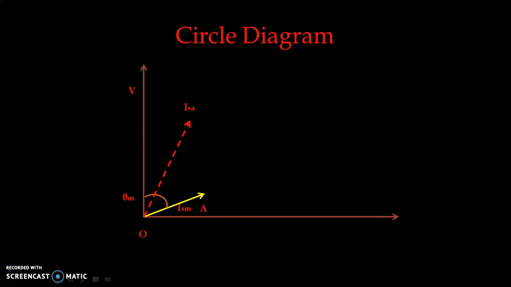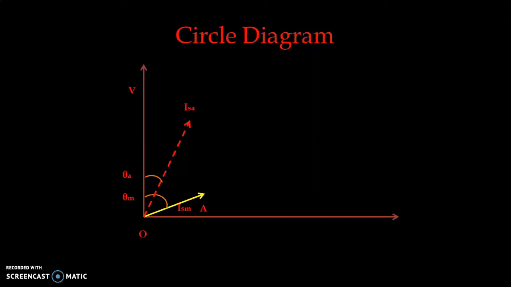So based on selection of our starting winding parameters, we have the starting current, we call it auxiliary winding current, and it makes an angle with the voltage axis, and that angle is known as theta A. A we use for auxiliary winding.